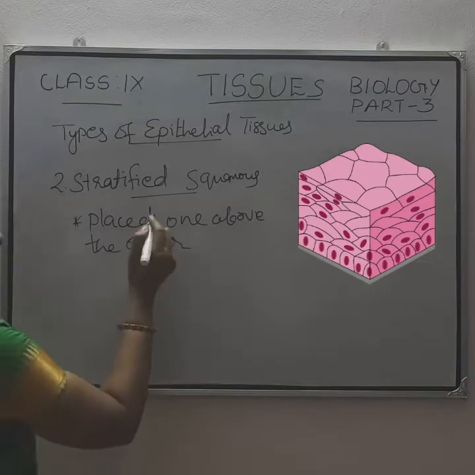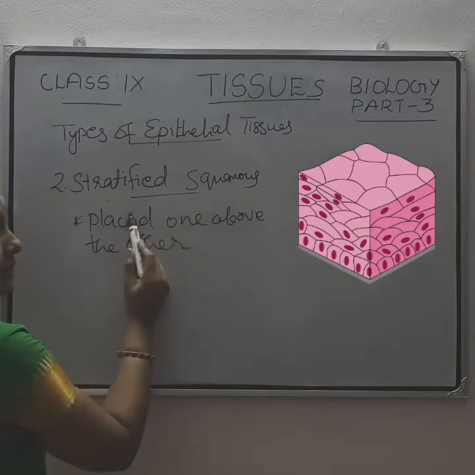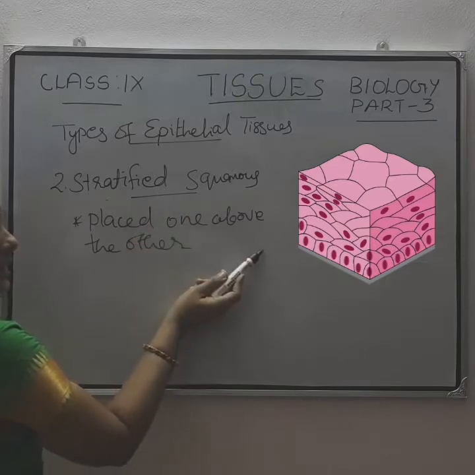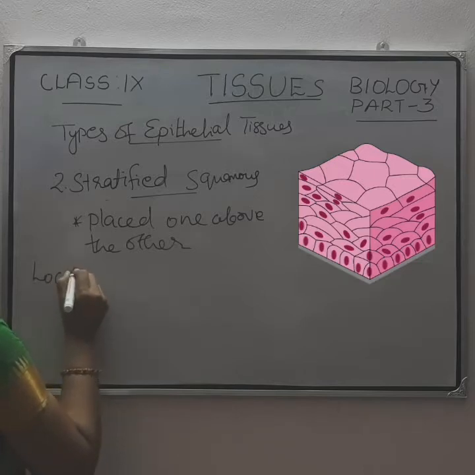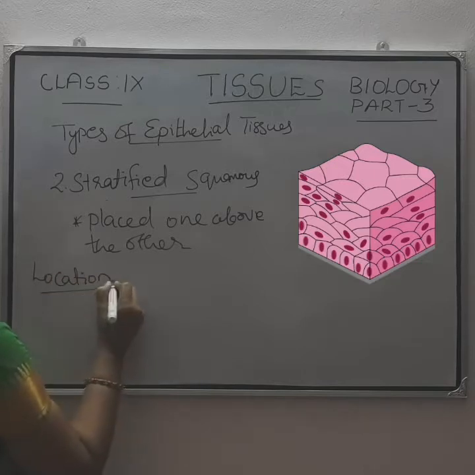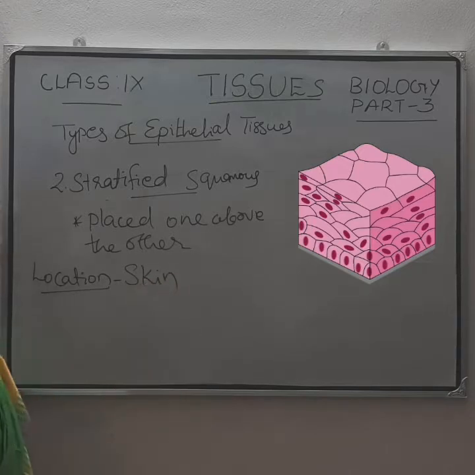So this type of epithelium is known as stratified squamous epithelium. Look at the figure here. Its location is mainly found in the skin. That is, the skin is made up of stratified squamous epithelium.